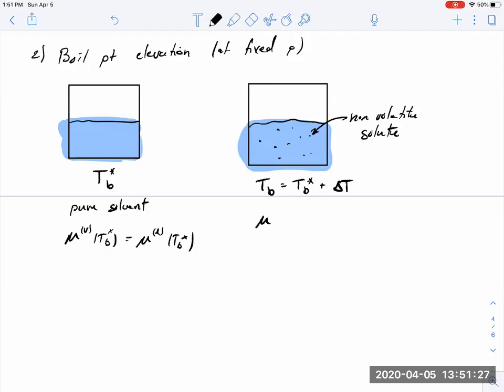That's a statement that the chemical potential of the pure solvent vapor at this new boiling temperature is equal to the chemical potential of the solvent at that new boiling temperature and some mole fraction of solute.